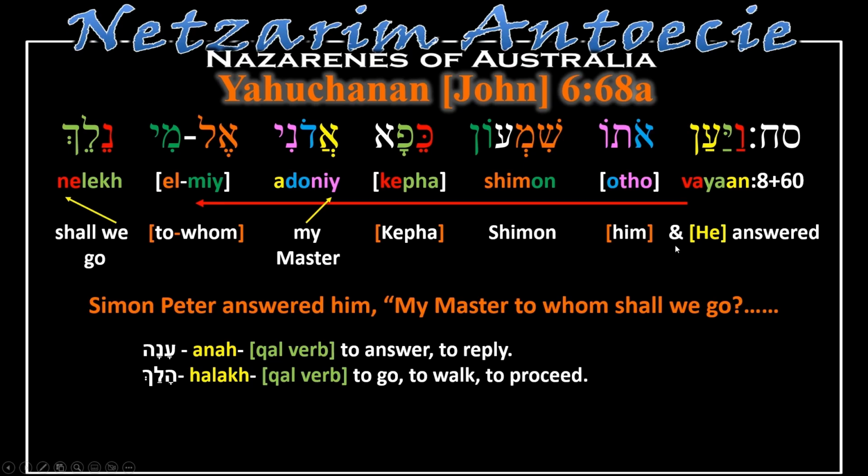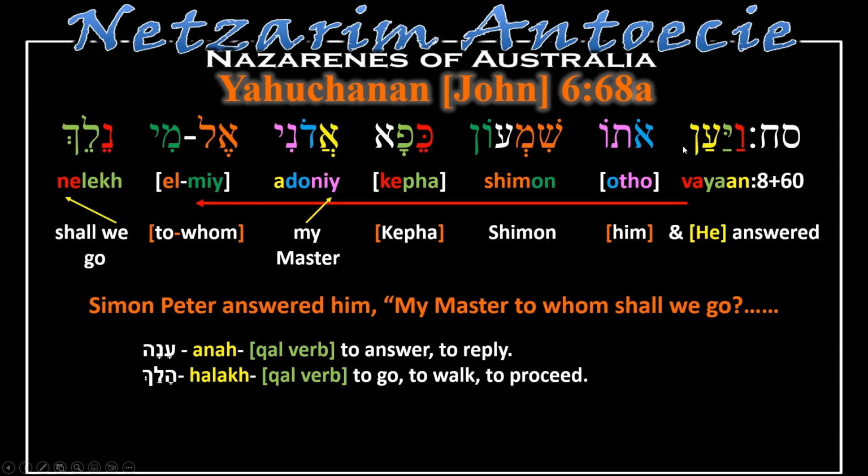And we begin. And he, because there's no pronoun, answered. Why is it answered? Because we have the prefix here, the vav and the yod. The yod is imperfect, but the vav makes it perfect, like a completed form. But the actual root word is ana, which is a kal verb to answer or to reply.